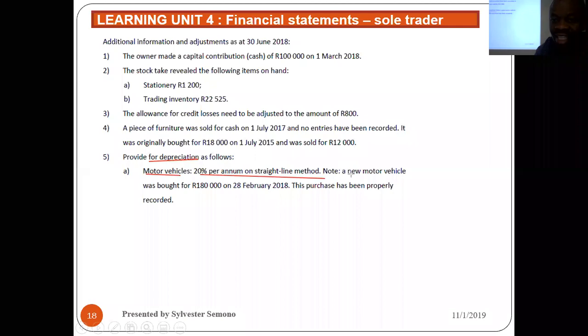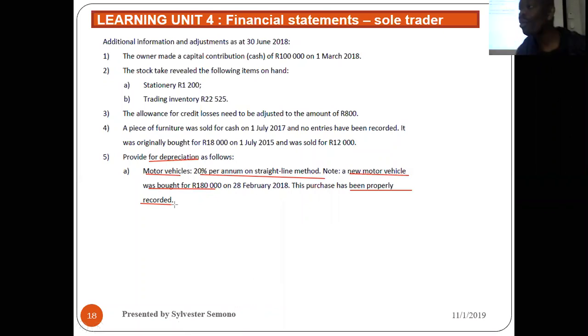And they say we must know that the new vehicle was bought for how much? 180, and it was properly recorded. So we need to be careful when we calculate depreciations, because the new one is included there. I want us to analyze this first before we go and record. Let me draw a time period.